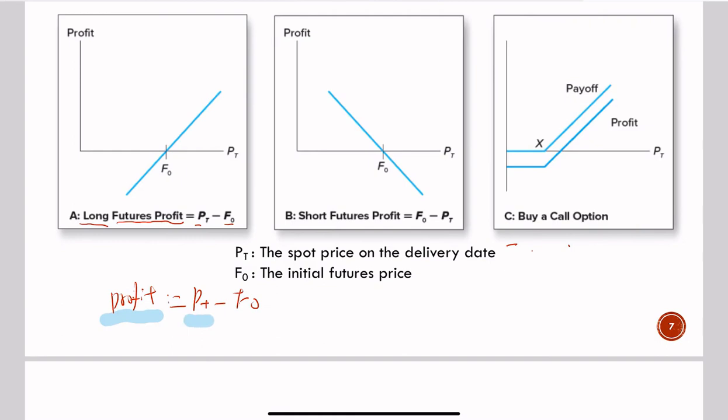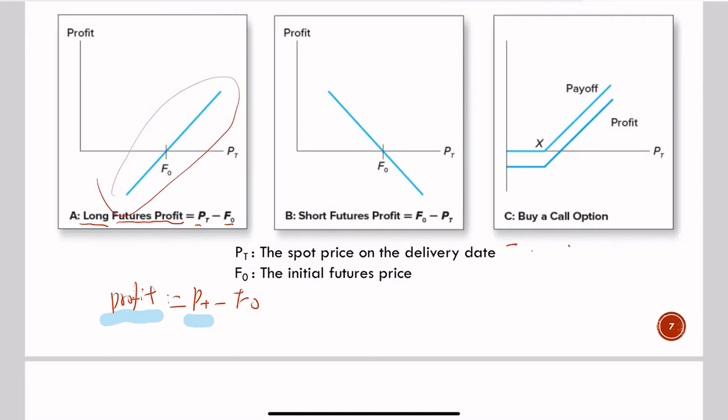You can see that this has to be a straight line with a slope of 45 degrees. And if PT equals F0, then profit has to be 0. So this quickly gives you a line like this.